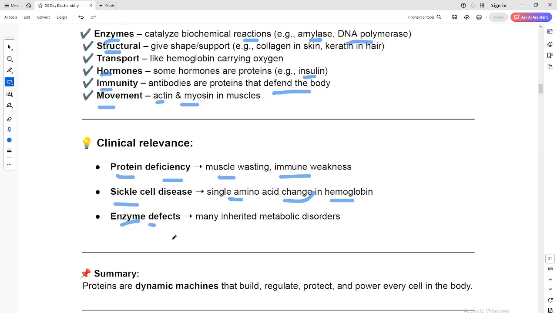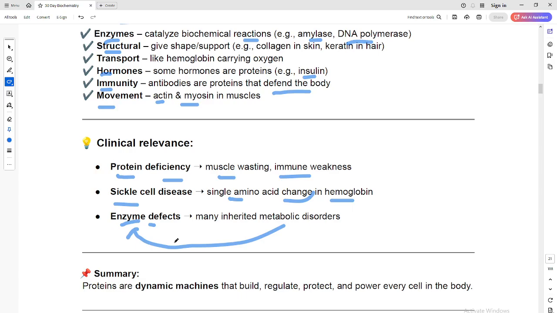Enzyme defect. Many inherited metabolic disorders are related to enzyme defects. Inside our body, we hydrolyze our foodstuff to produce energy through enzymes. We do a lot of functions inside our body through enzymes, and these enzymes are proteins.